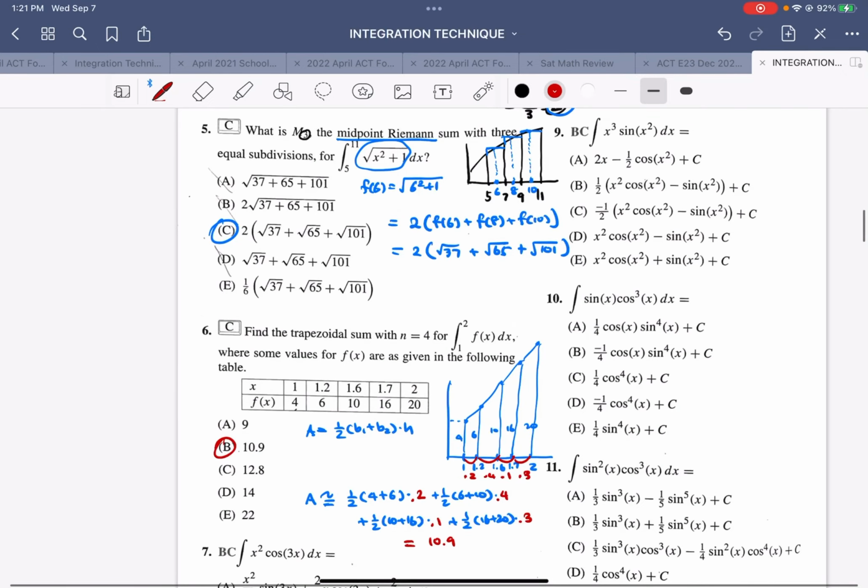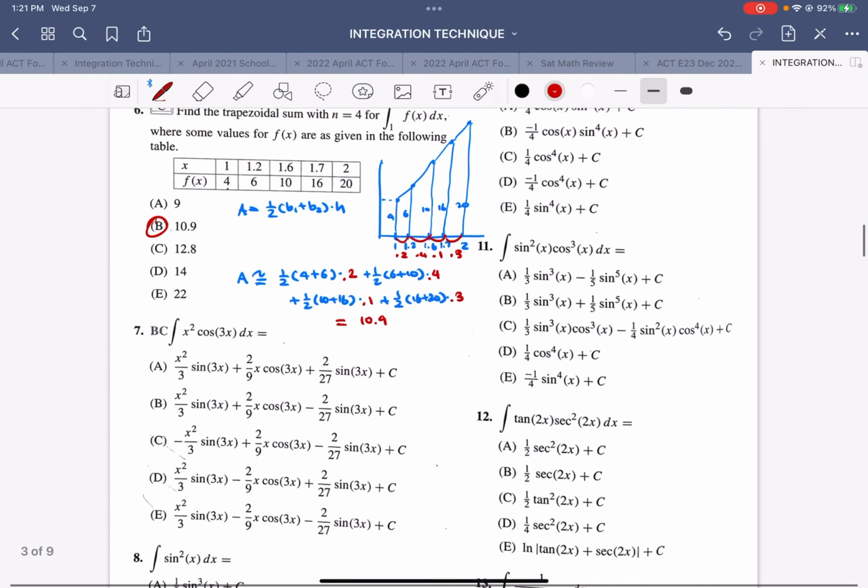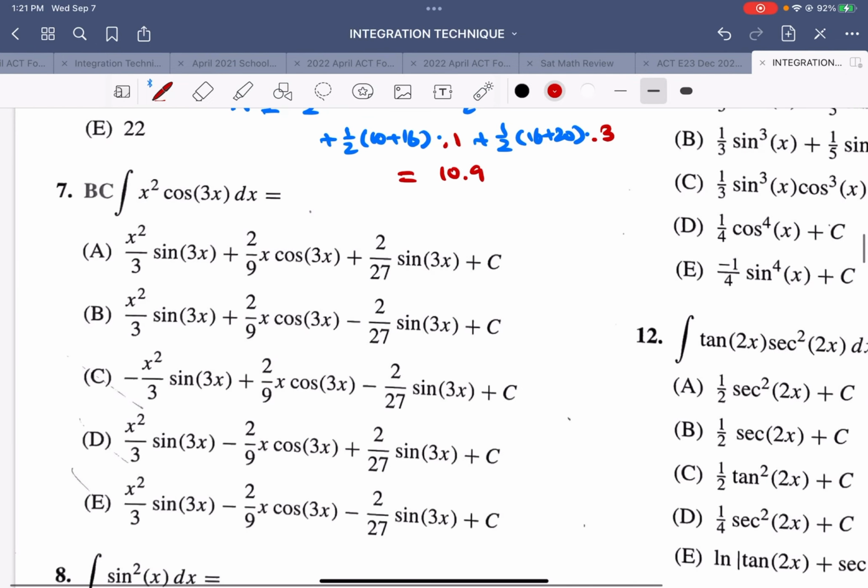So that's a review of Riemann sum and trapezoidal. Now, number 7. This one is also integration by parts. So what you're going to do is, let's say u equals x squared, and dv is cosine 3x dx.